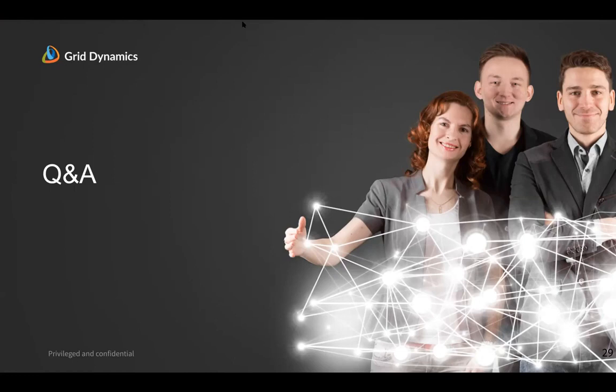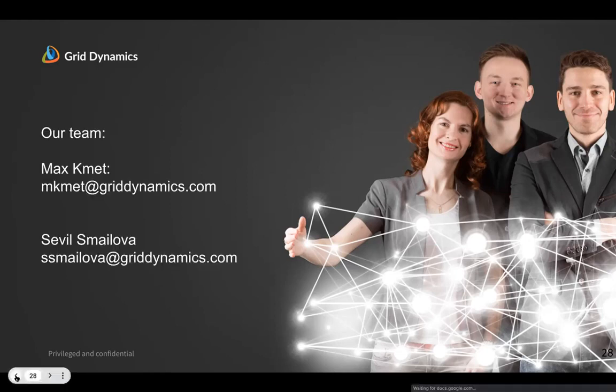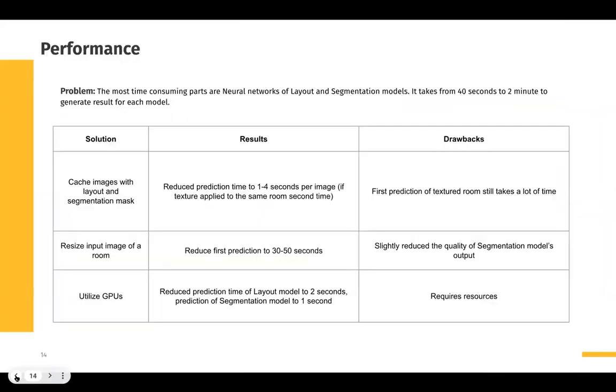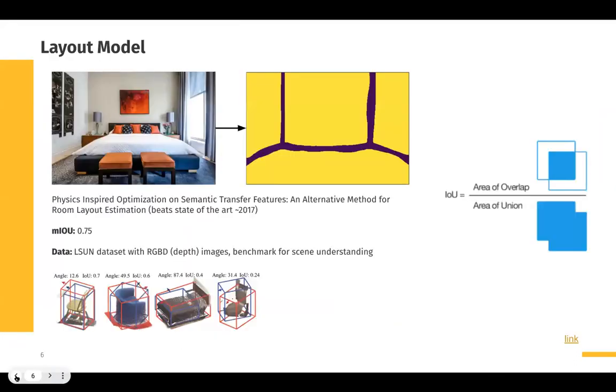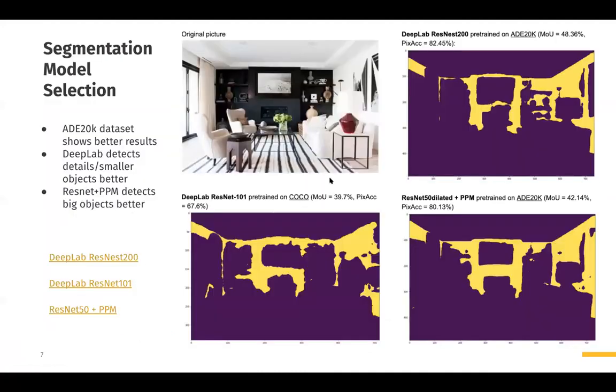We used the layout model that was pre-trained, and a segmentation model, also already developed. Going back, this was the pre-trained layout model, and we tried to pick one of the segmentation models.